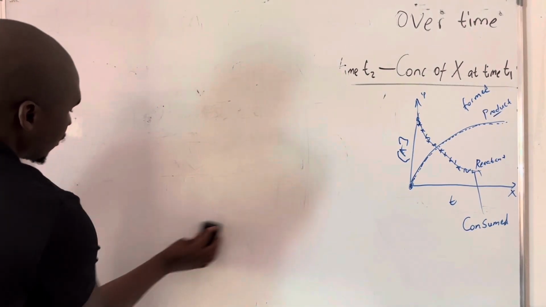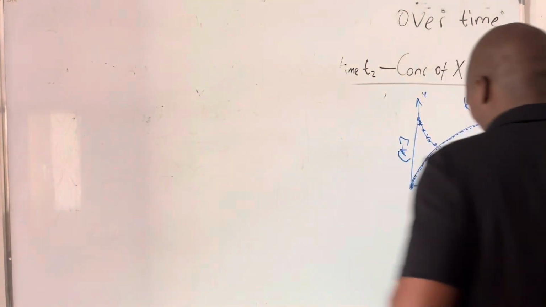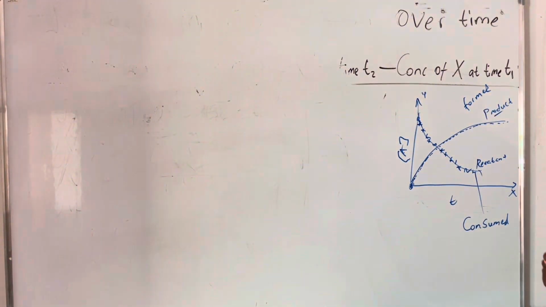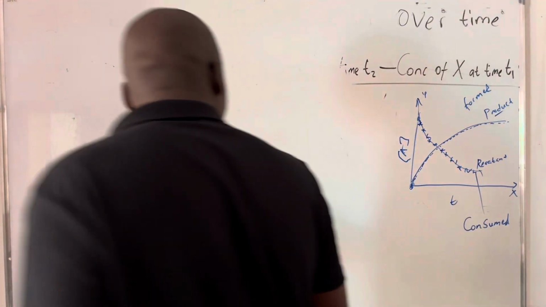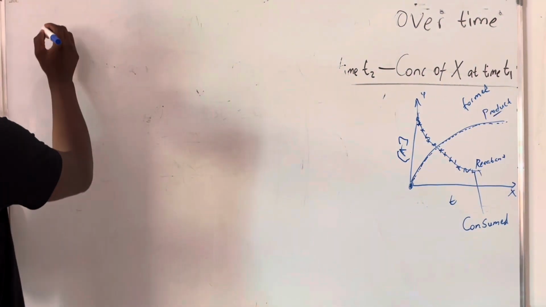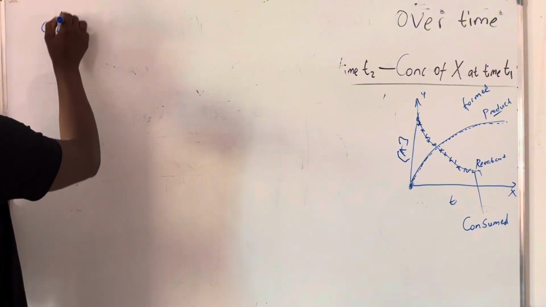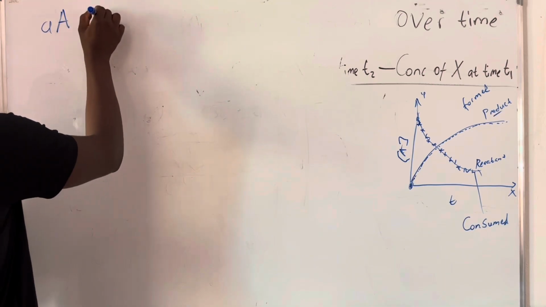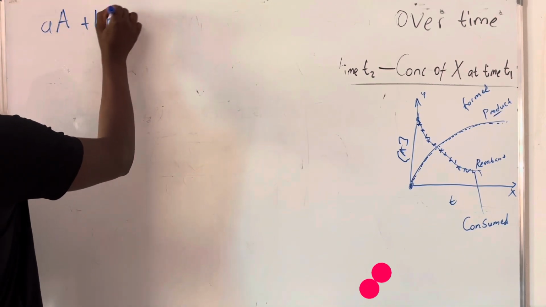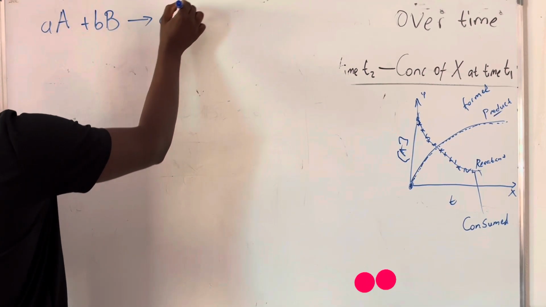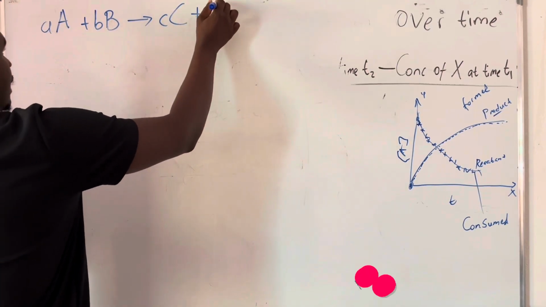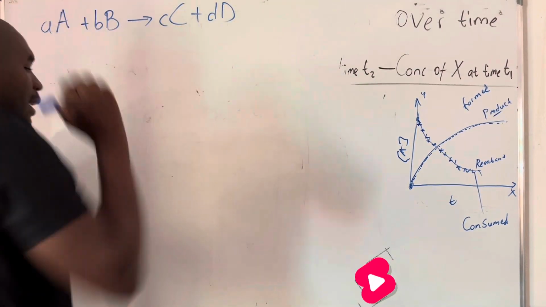So now I want you to look at this kind of reaction. Let's say for example we have A reacting with B to give us C reacting with D, like that.